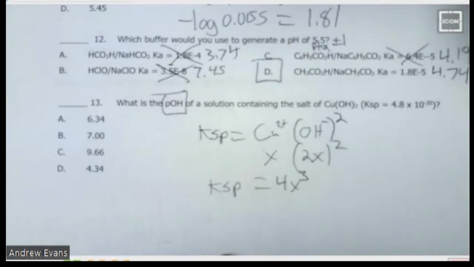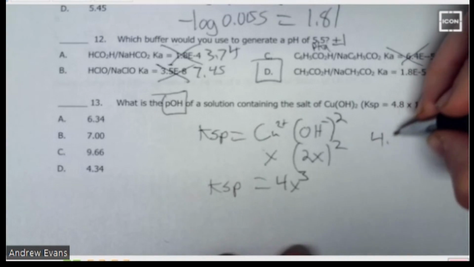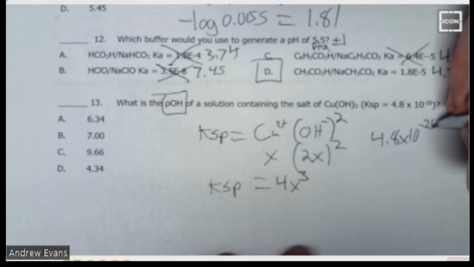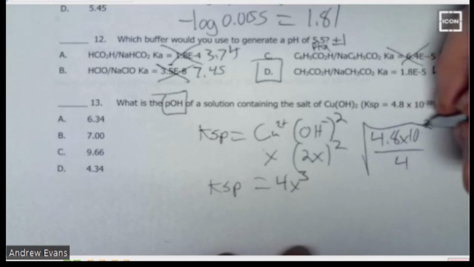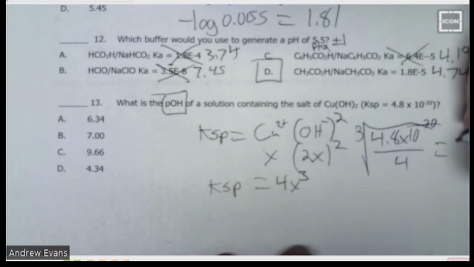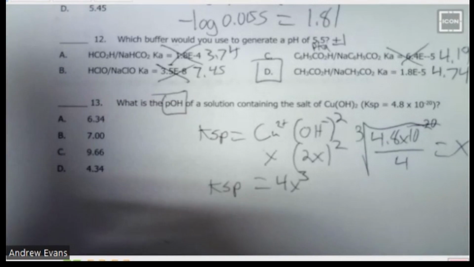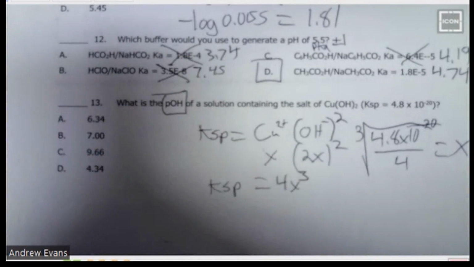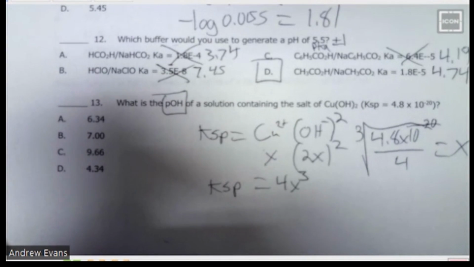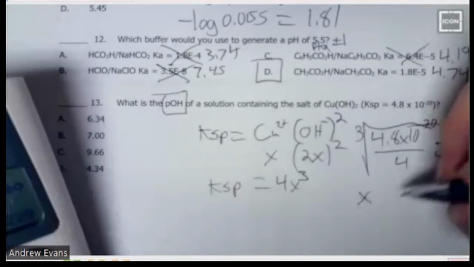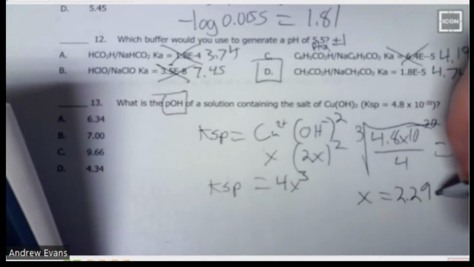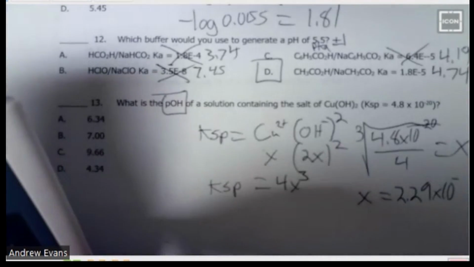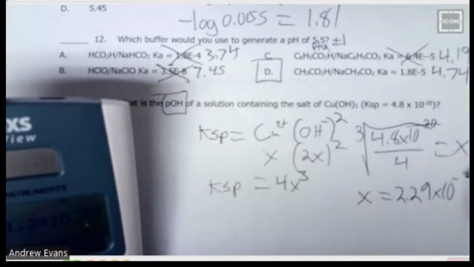To do that, you'd have 4.8 times 10 to the negative 20th divided by 4, and we cube root that whole thing to find x. x is equal to 2.29 times 10 to the negative 7.